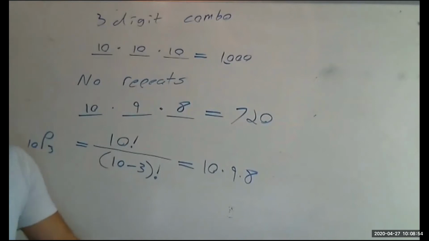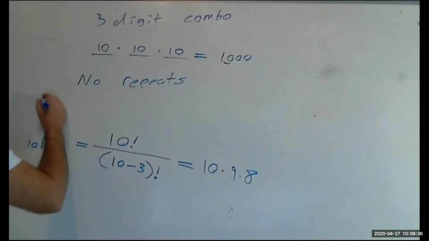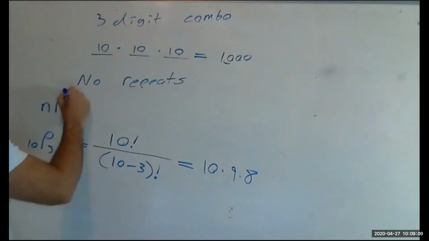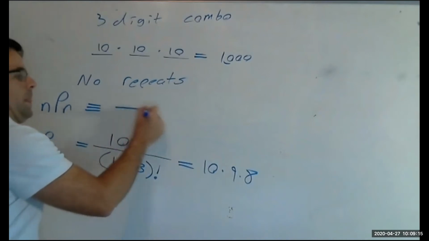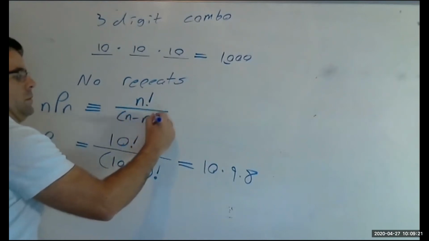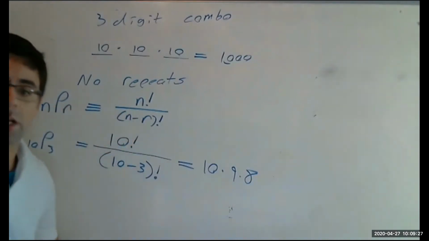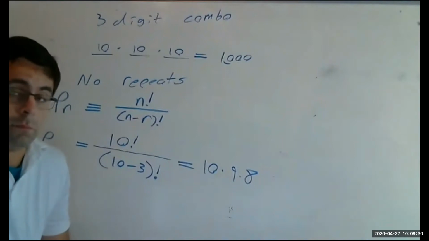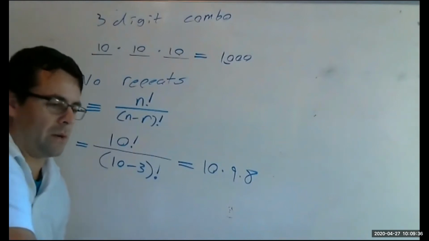But it just means you could think about it a couple of different ways. If you like to remember this equation, I think the letters they use are N and R. It's possible you could have this on a calculator. Some might, but it's not really that hard.